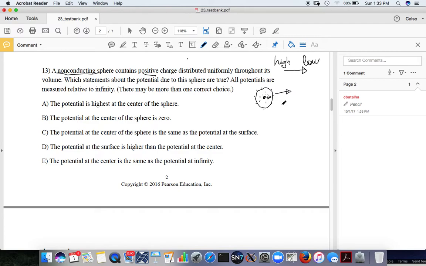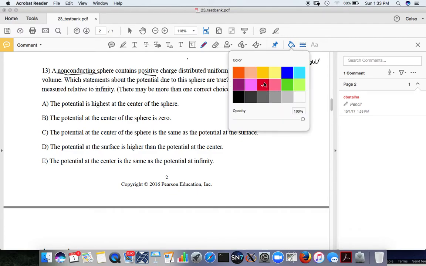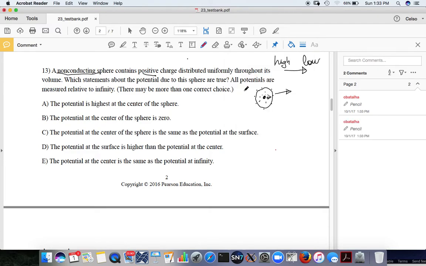But let's try to calculate that, taking the chance to review Gauss's law. When we use Gauss's law, we build a Gaussian surface around the sphere. The inside charge is Q, and the charge density is Q over the volume of the sphere.